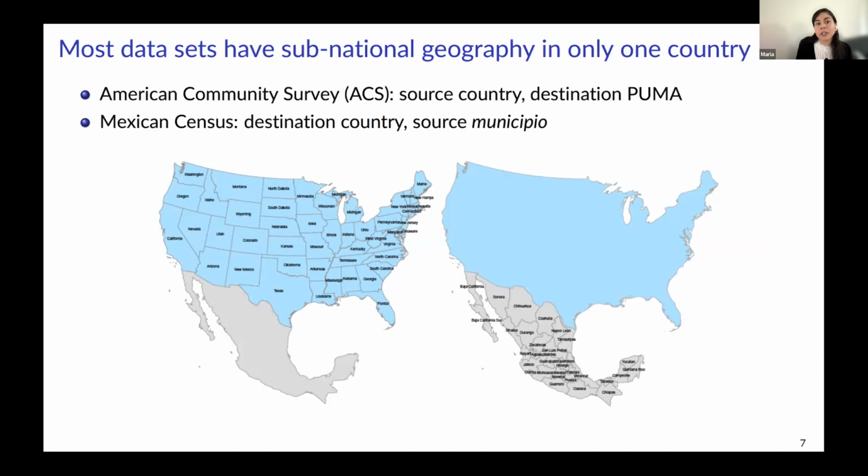So we only know their nationality. On the other hand, the Mexican census provides information on the place of origin of the immigrants, but we only see that they went to live in the US, but not where in the US.